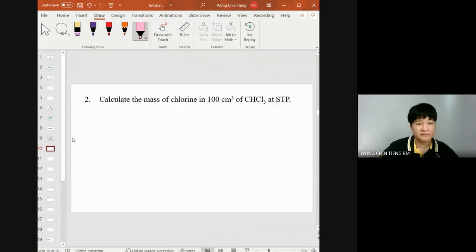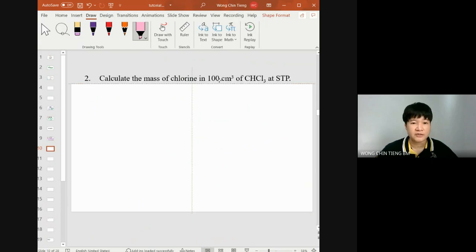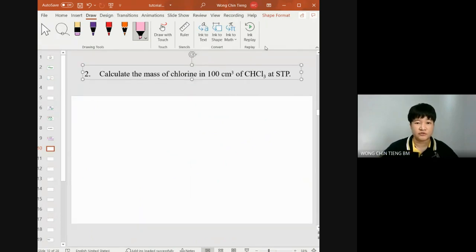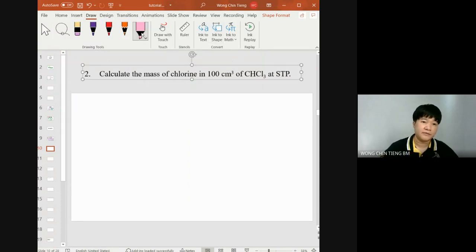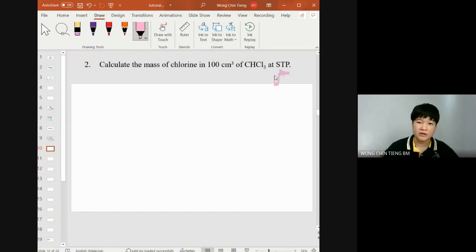Okay. Next. Calculate the mass of chlorine in 100 centimeter cube of CHCl3 at STP. Question stated very clearly over here right now is a STP. So I'm having an STP right now, which is a standard temperature and pressure. We talk about that. Question asking for the mass of chlorine.